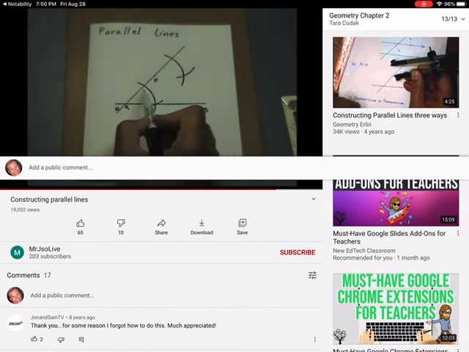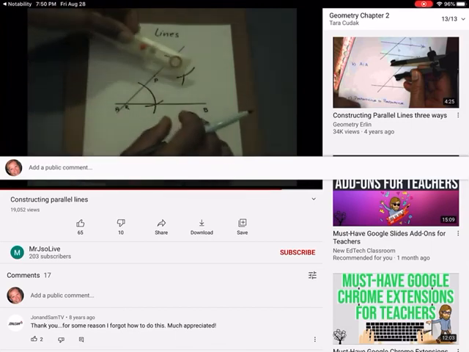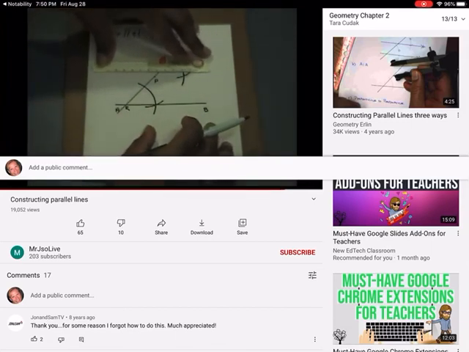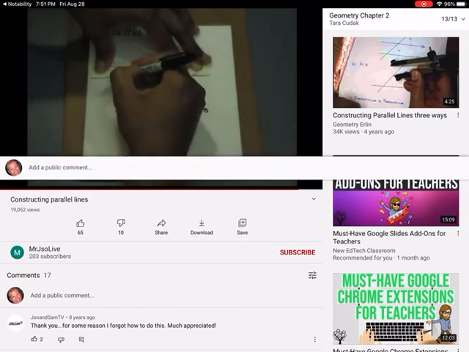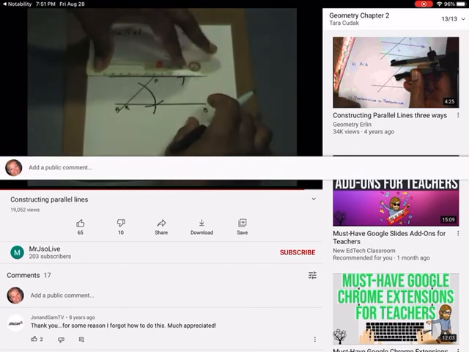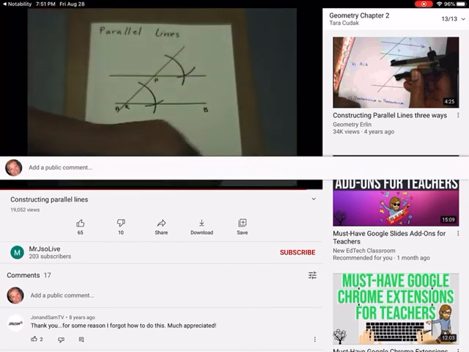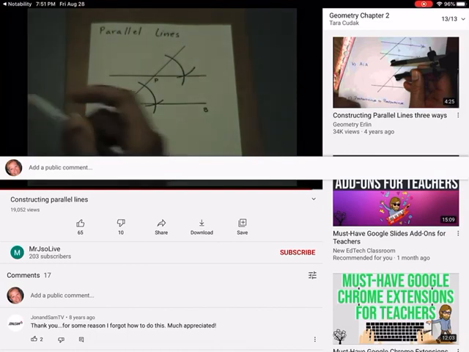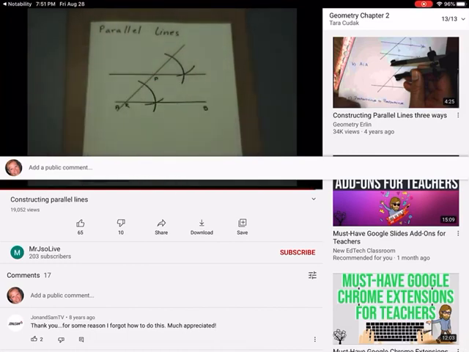And that is my copied angle. Now we have constructed a pair of parallel lines going through point P.